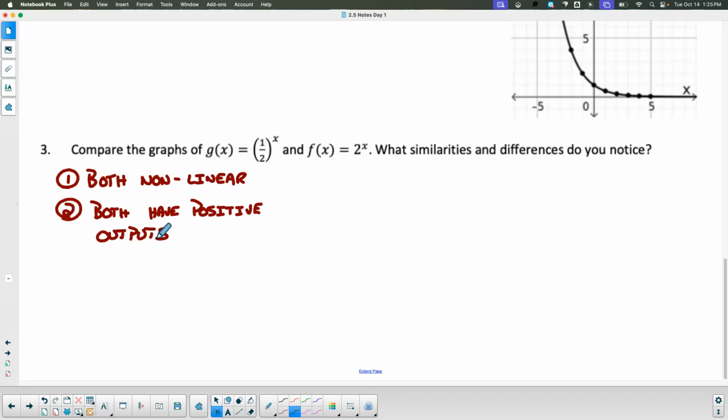One is increasing, one is decreasing. Which one is increasing? The first one. The first one was that f of x? Yeah. Okay. And you said that g of x is decreasing?